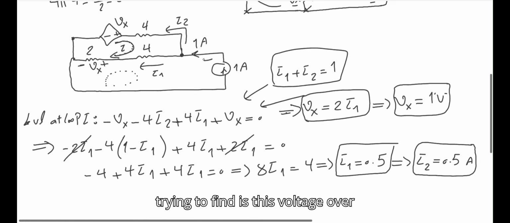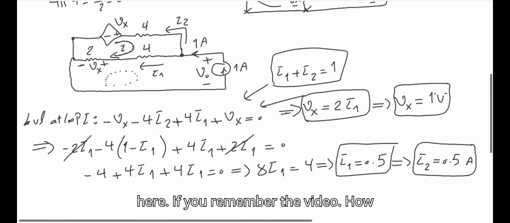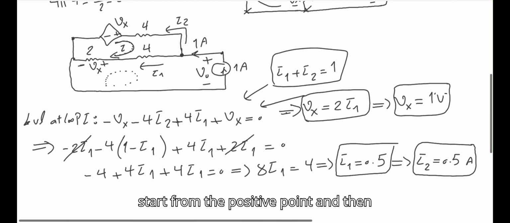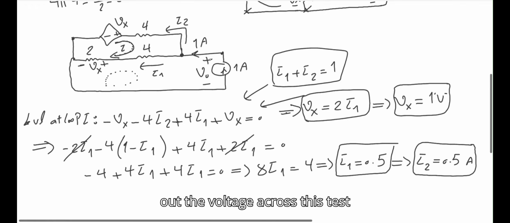What I'm trying to find is this voltage over here, if you remember, the VO. How can I figure it out? If I start from the positive point and then I travel all the way through these two elements and then reach the negative polarity, then I can figure out the voltage across this test source.